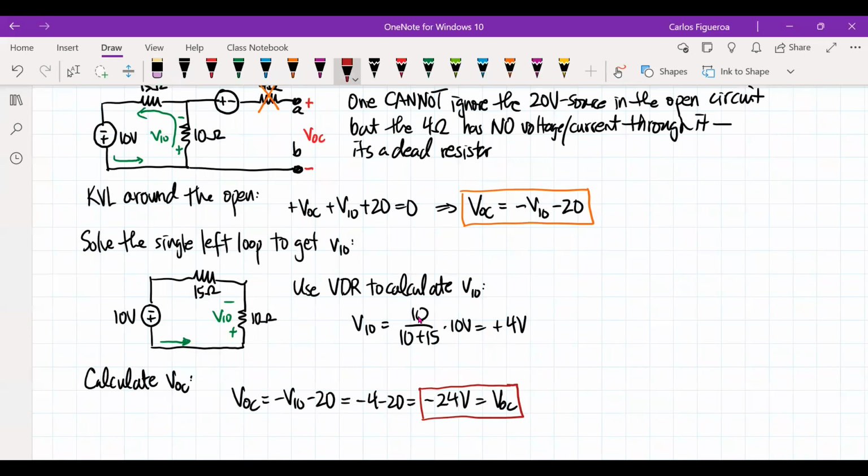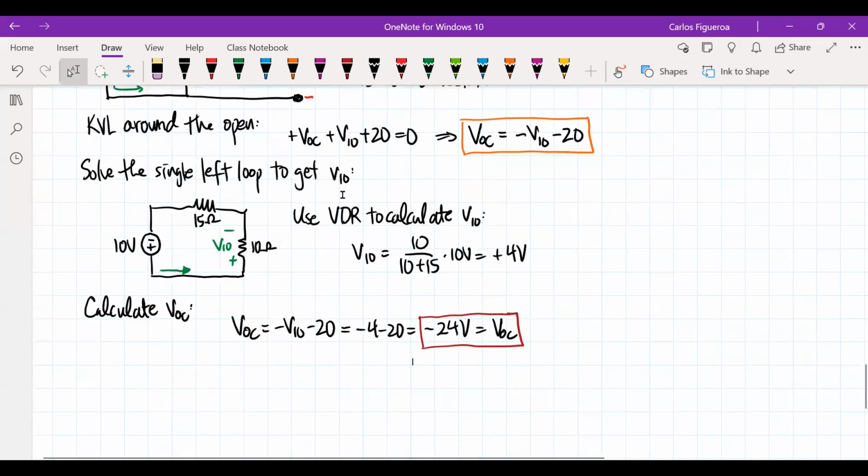So for method 1 and method 2, we get the exact same process of calculating VOC. So now how the two methods vary is that we have to calculate the resistance.